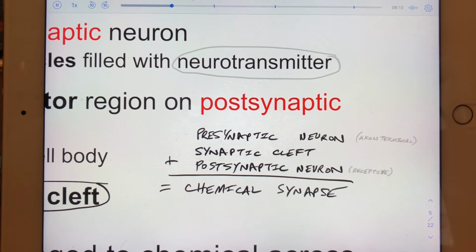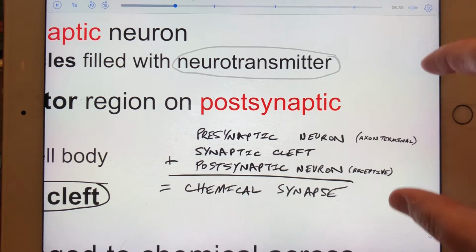And really it's the axon terminal of that presynaptic neuron, the surface of that axon terminal, and either the soma or the cell body, the receptive surface of that postsynaptic neuron.